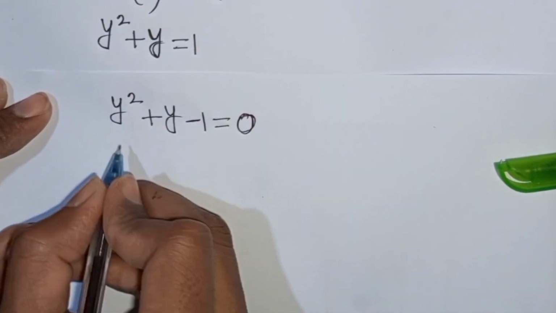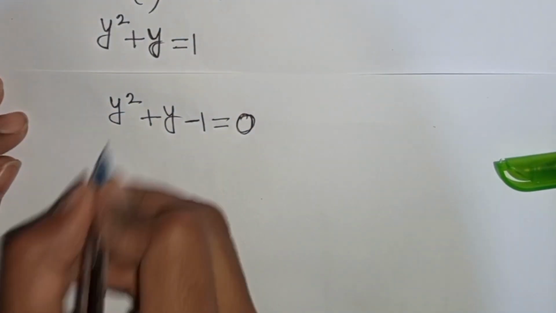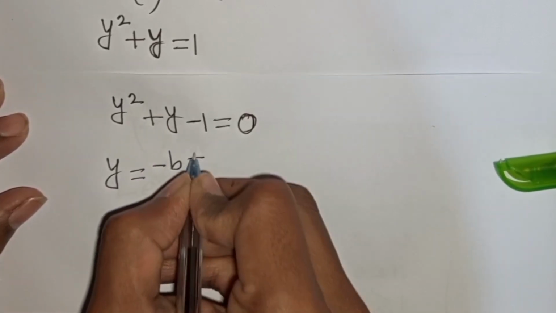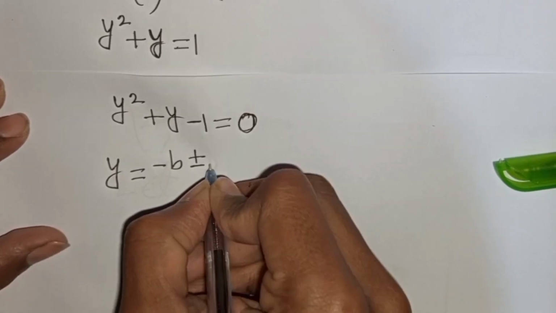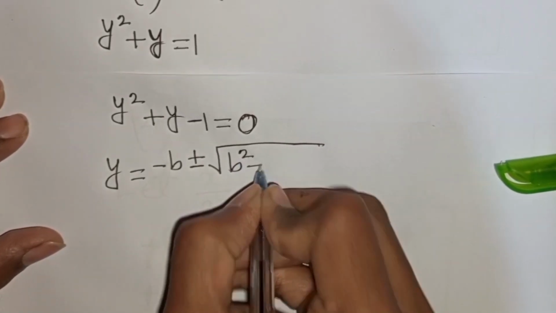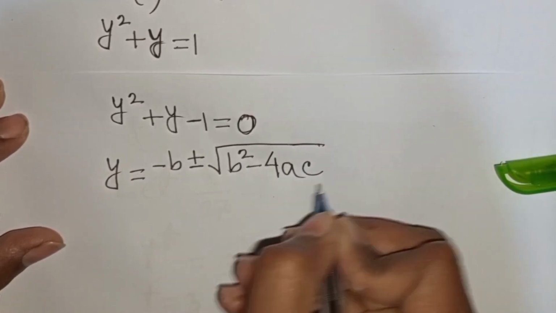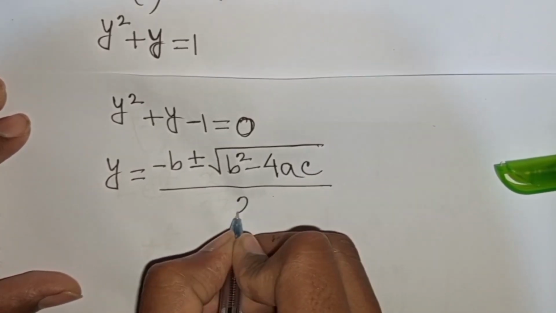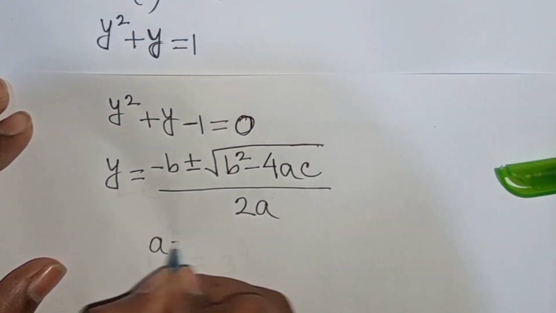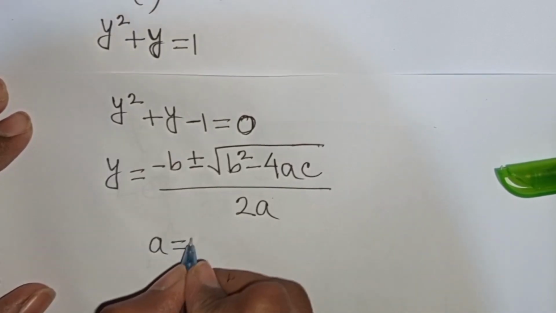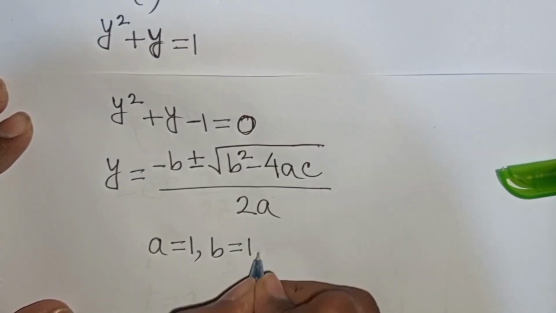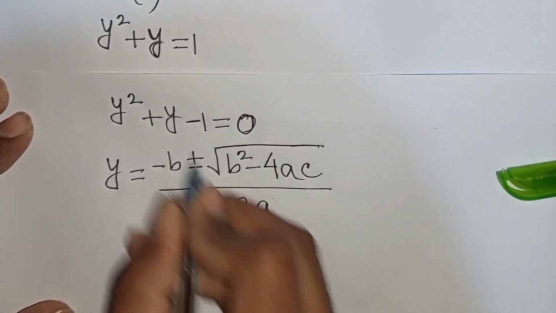Now here you can apply a quadratic formula. So you can write here y is equal to minus b plus or minus square root of b square minus 4ac divided by 2a. Here a will be equal to 1, b will be equal to 1, after that c will be equal to minus 1.